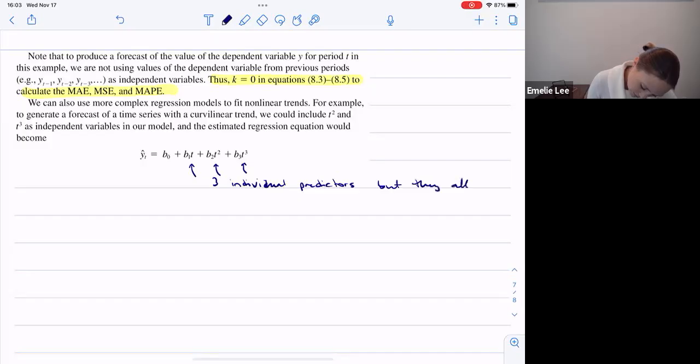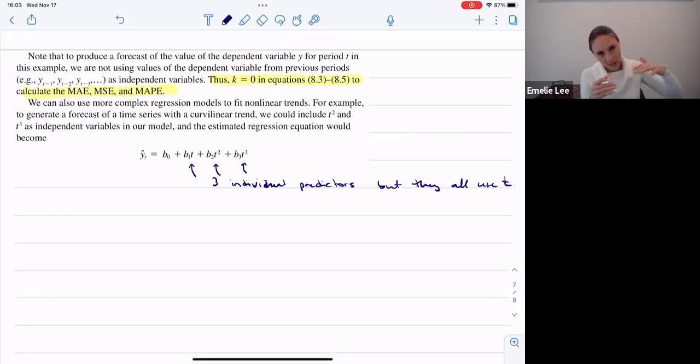And that's how you would get some curvature into your model, and you'd play around with it.